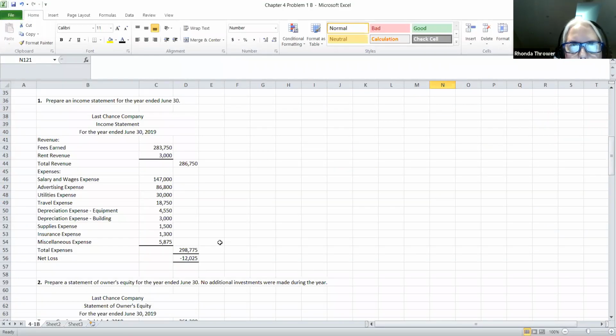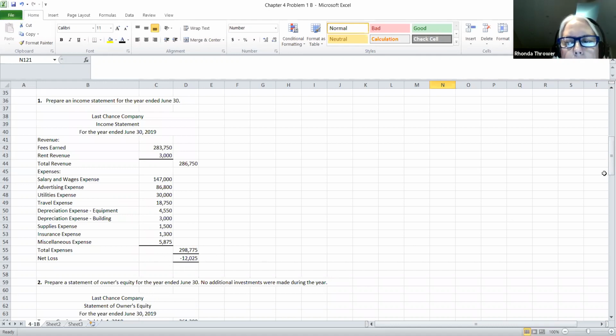It's going away, because next period we want to start from scratch and we want to measure what happens to our revenues and our expenses next period. And so we're zeroing out these accounts to close them out so that we can start all over in the next accounting period. Well, in this case, you see that we had a net loss.